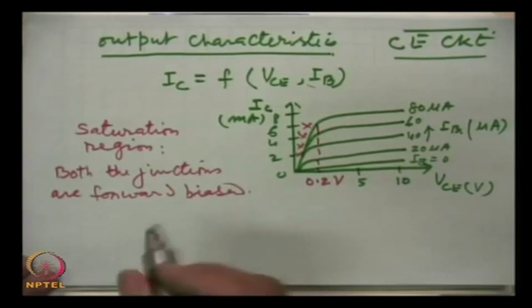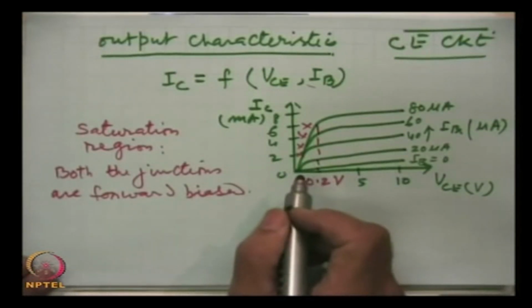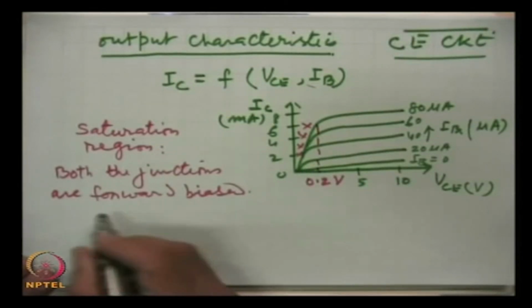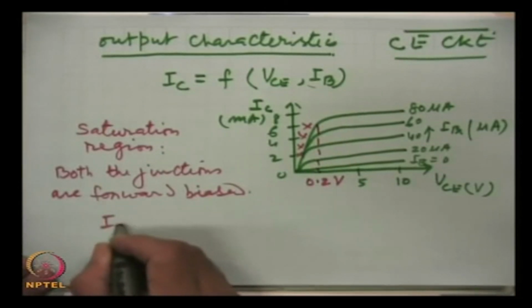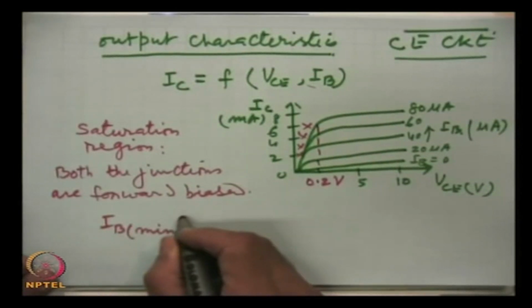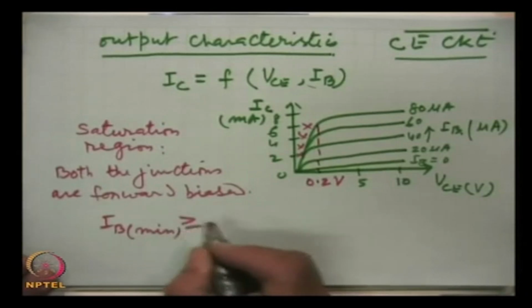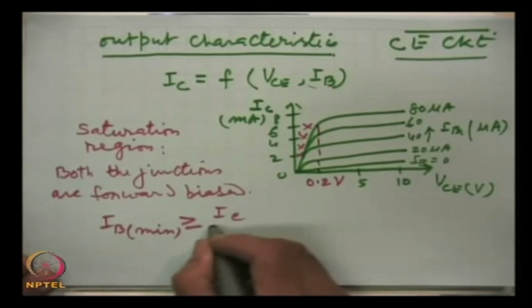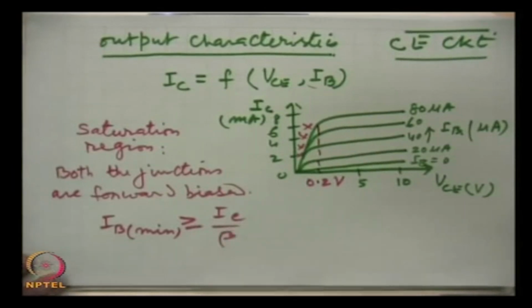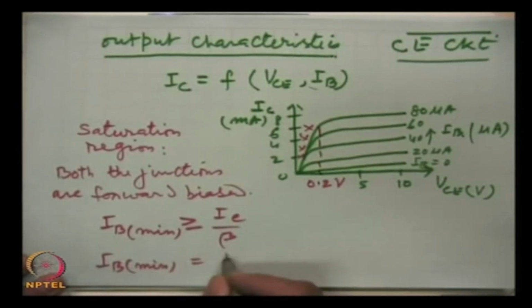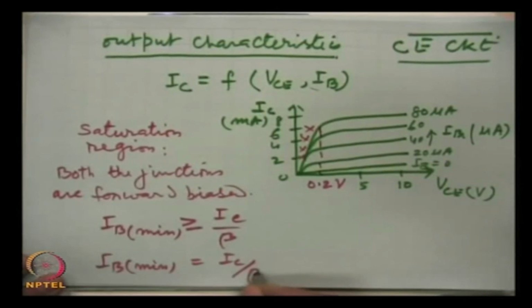And to check whether the transistor is in saturation or not, there is a condition that the base current minimum has to be equal to or greater than IC by beta. So, in general we can write IB minimum has to be equal to IC by beta.